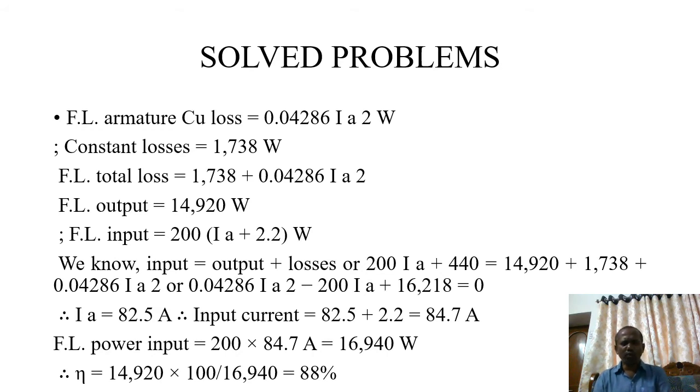Therefore, full load total loss is equivalent to 1738 plus 0.04286 Ia square. Here all of you note, not Ia 2, this is Ia square. Full load output is equivalent to 14,920 watts.